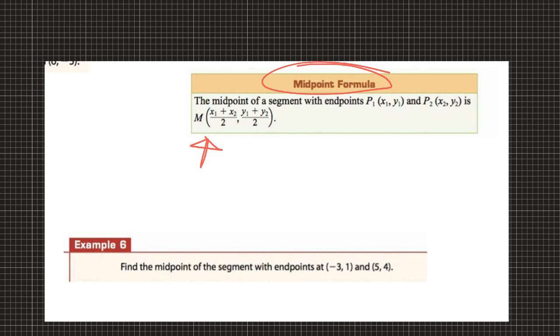And to be honest, this formula is actually kind of, again, a derivative of Pythagorean's theorem. But if you are really, really interested, go to Khan Academy and you can just look up lessons on midpoint formula. You'll see me abbreviate it like that.